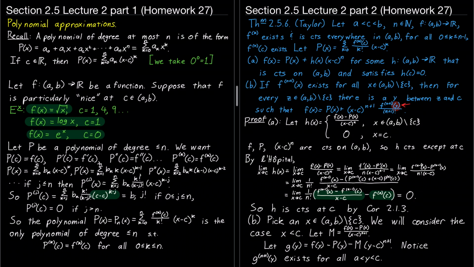In particular g prime, g double prime, up to n plus 1 derivatives exist at the point x, but more generally it exists for all y in that little interval.